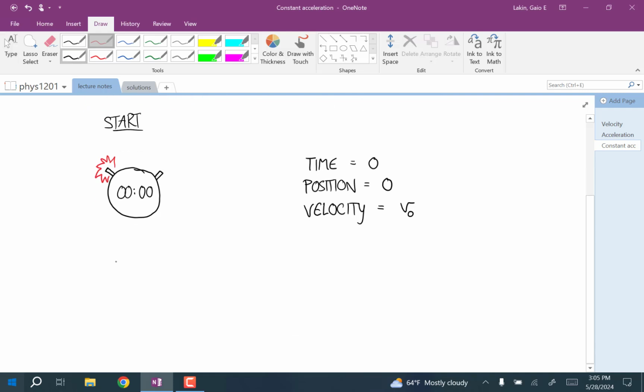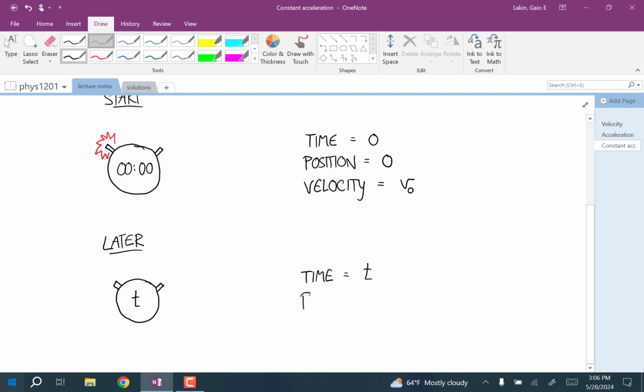Now, as time goes by, let's think of a later instant. We're just letting this stopwatch run as the object moves. And now the stopwatch is going to say some other number. It's not actually going to say t, but this t is going to represent whatever number it says. Okay, so that might be 50.67 seconds or something. But the time at that instant then is going to be whatever that value of t is.